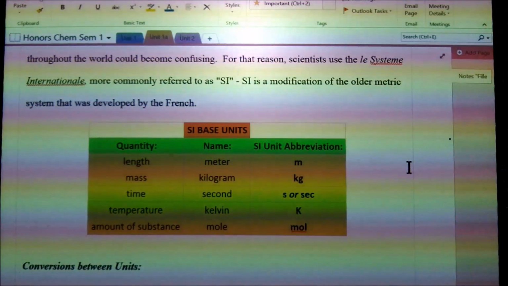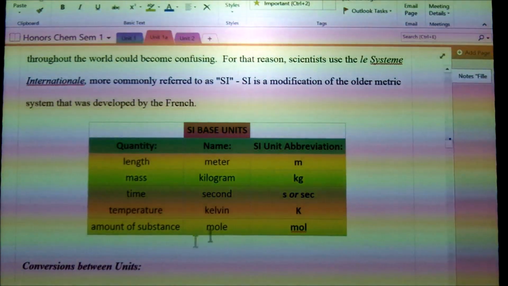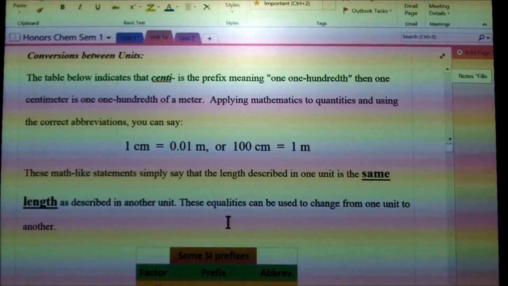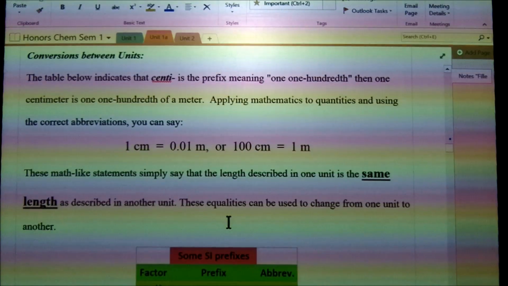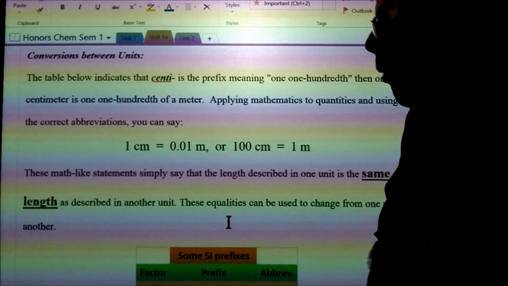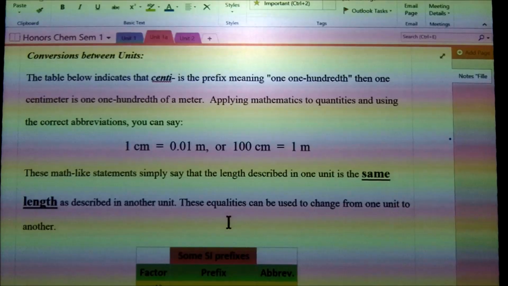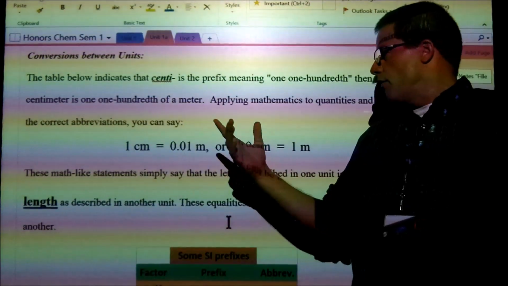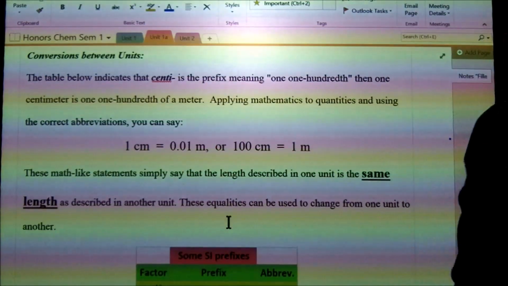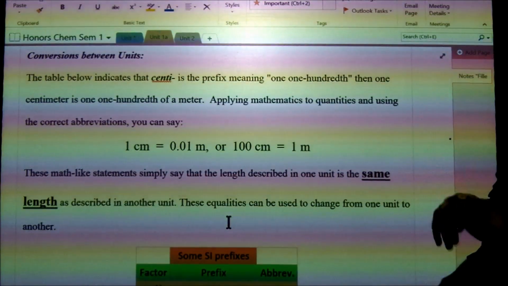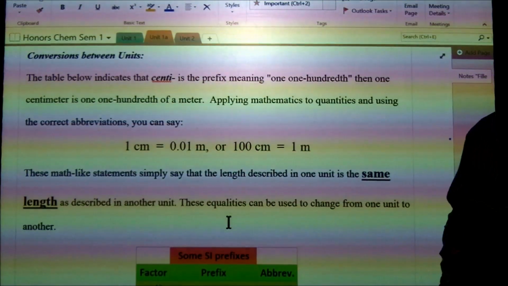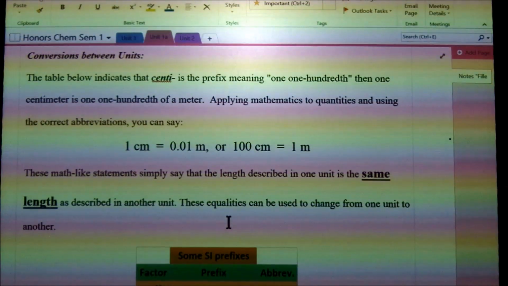Those are the SI units we're going to be dealing with. Wednesday, we're going to be doing conversions. If I have 1 meter, how many centimeters are there? Or 1 mile, how many kilometers is that? We'll get to do some conversions, but that's not for today.